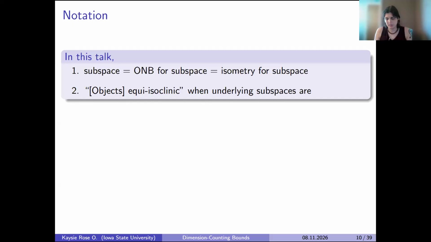And when I say isometries, I mean tall, skinny matrices where the columns of the matrix are an orthonormal basis for the subspace. Also, equi-isoclinic is a property of sequences of subspaces. If I ever say something silly like projections are equi-isoclinic or orthonormal bases are equi-isoclinic, I just mean the underlying subspaces are equi-isoclinic.